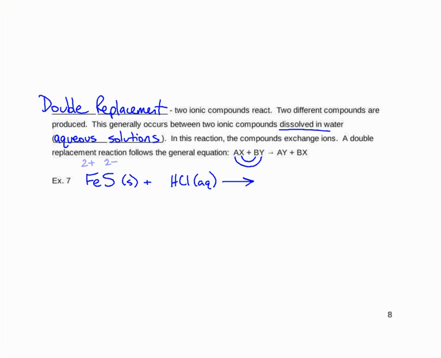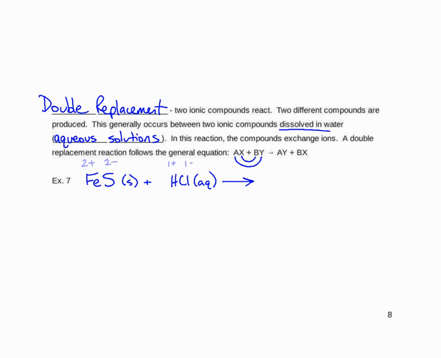For HCl, I know that hydrogen is in group 1, everything in group 1 has a +1 charge, and I know that Cl is a halogen, every halogen has a -1 charge. So when I start putting things together in the products, it's going to make it a little bit easier now that I know what these charges are.